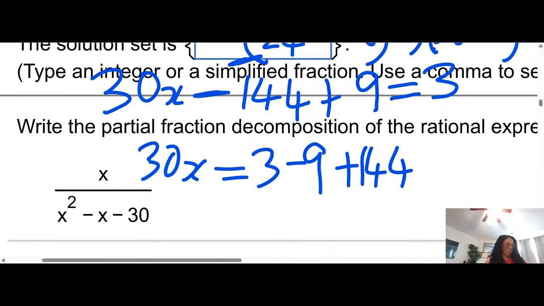So I have 144 minus 9 plus 3, and I have 138. Let's make sure we do that again. Okay, 144 minus 9, then plus 3.